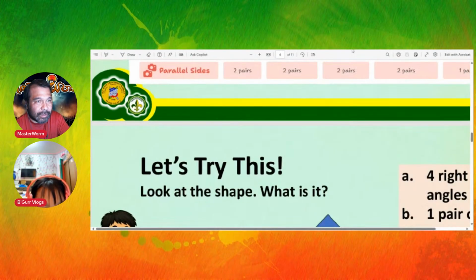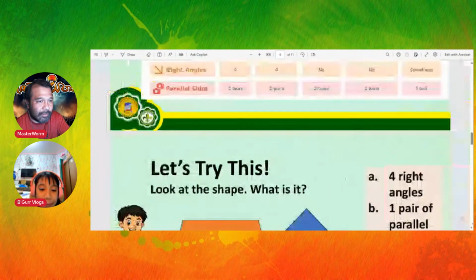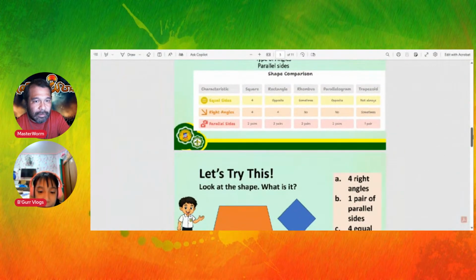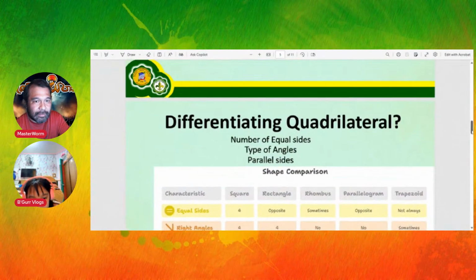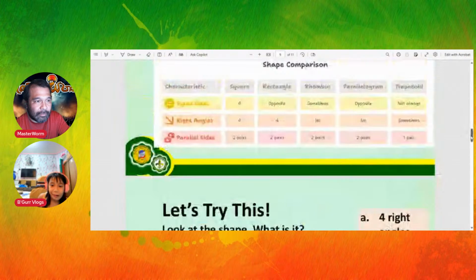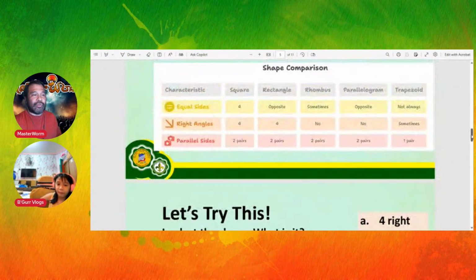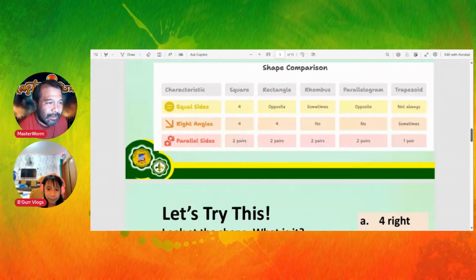A square has four equal sides, four right angles, and parallel sides too.